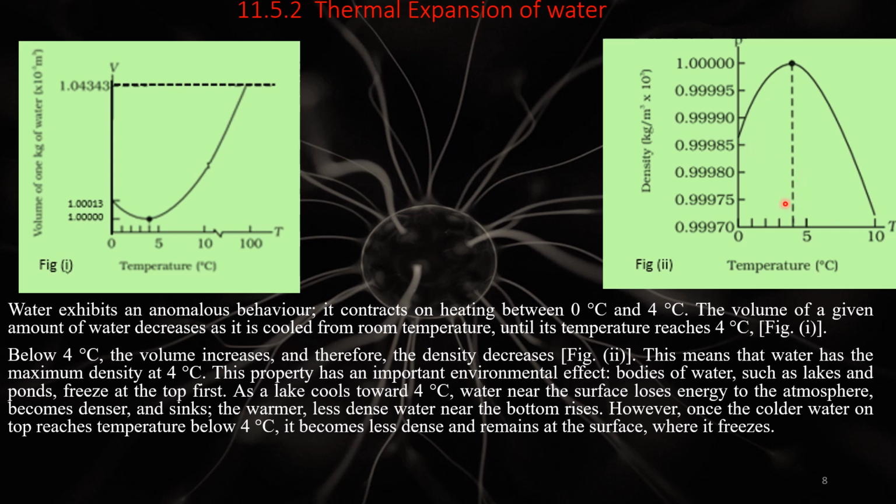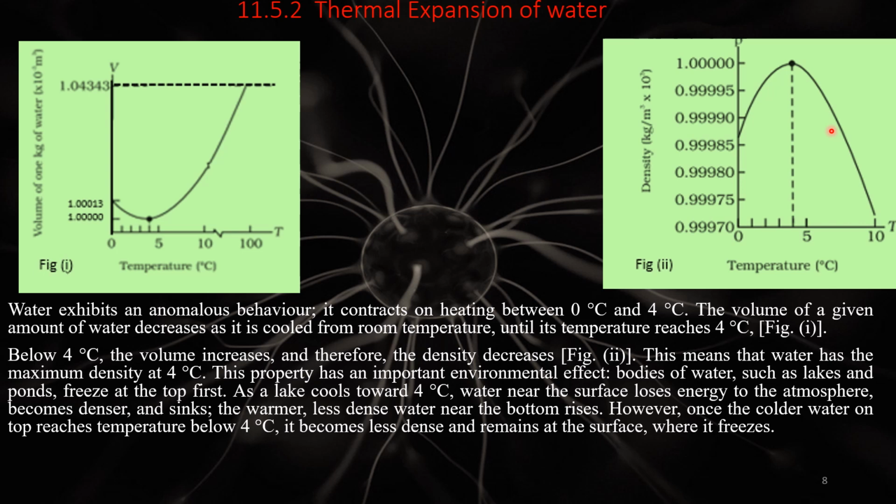You see in figure 2, this means that water has maximum density at 4 degrees centigrade. You see here, the density increases and then above 4 degrees the density decreases. This property has an important environmental effect. Bodies of water such as lakes and ponds freeze at the top surface. You must have observed in lakes and ponds that the top surface of the water freezes first.